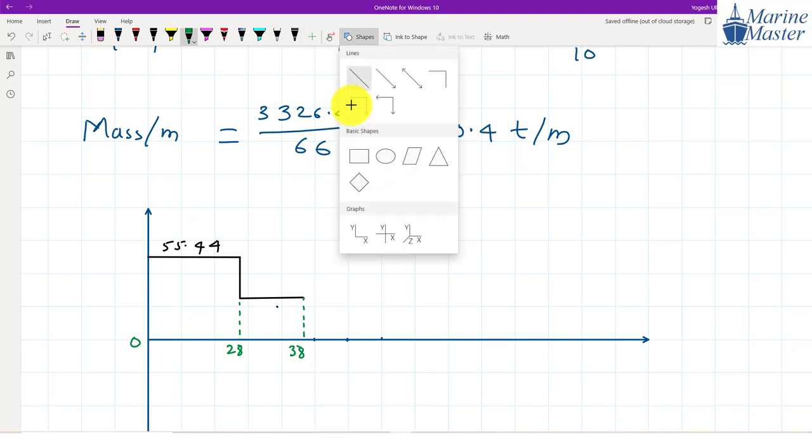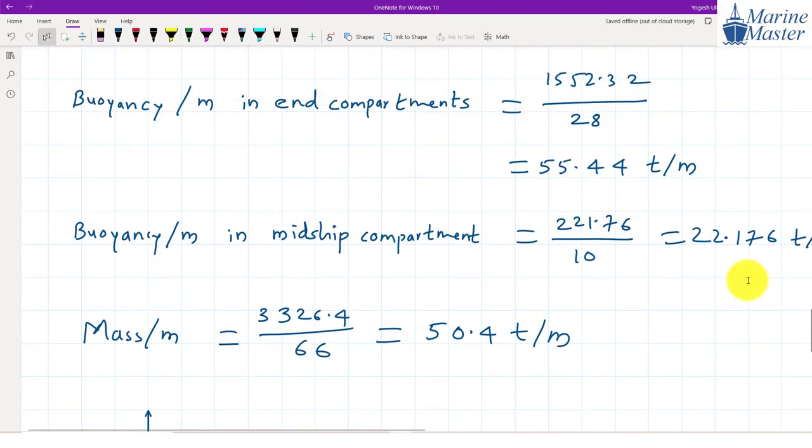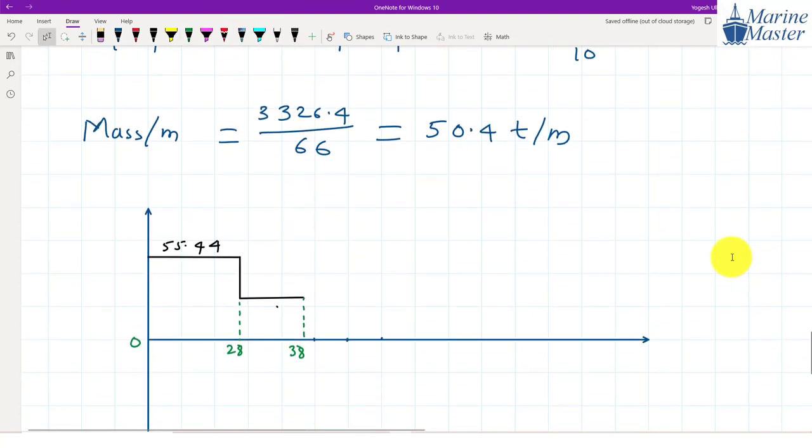And then at the end, how much do we have, guys? 22.176. Okay. And then again 55.44. Again we have what, guys, everyone?